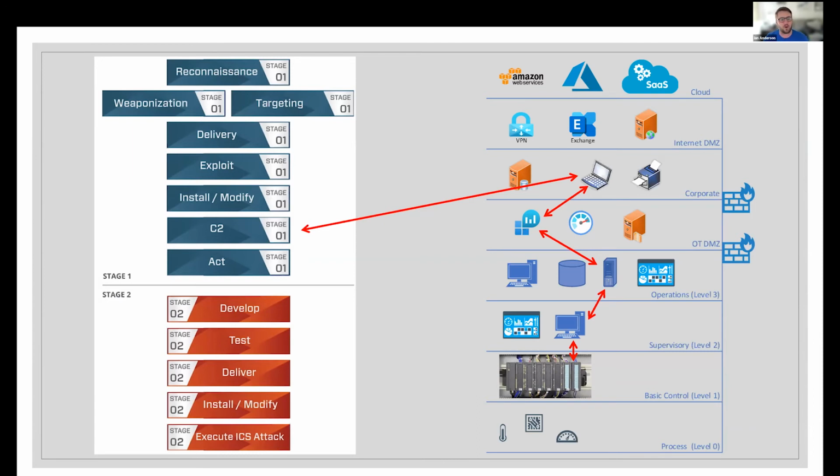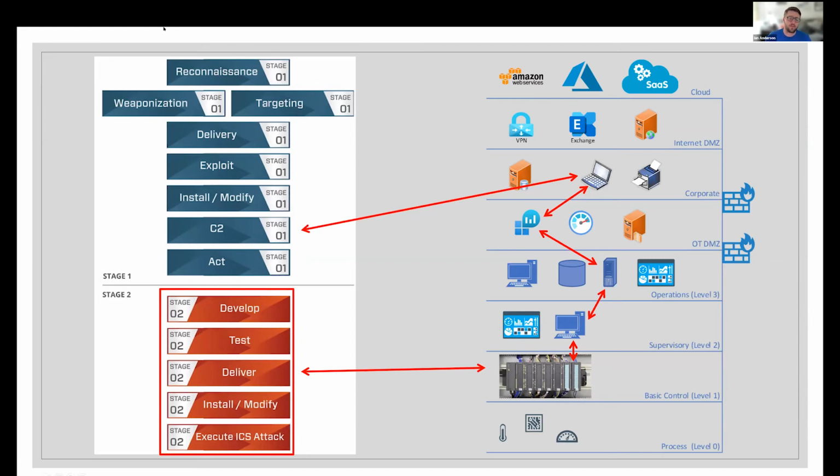And so that's where, if we are looking here on the left side to the stage 2, the delivery, install, and execution is going to happen at this level, right? Develop and test will typically happen off the network, but the delivery, install, and execution will certainly happen here at level 1.